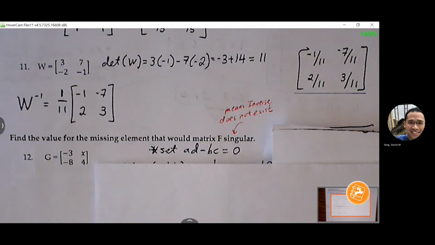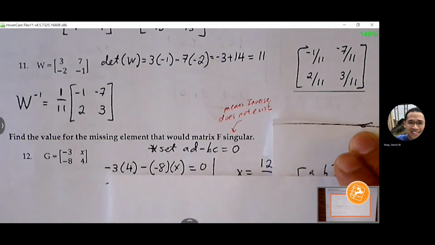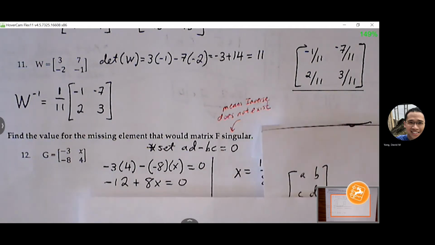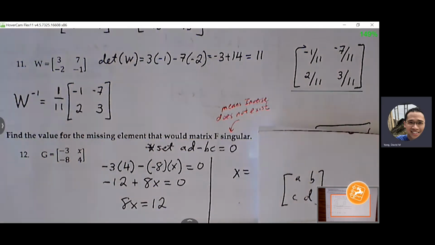Try that. So if I try AD minus BC, I'll get negative 3 times 4 minus a negative 8 times X. I'm left with negative 12 plus 8X equals 0, and now I'm just solving my equation to try to solve for X. Do we have to solve it like an equation?